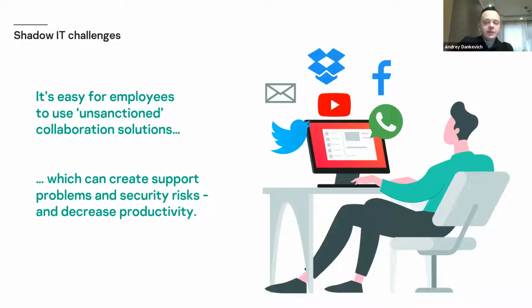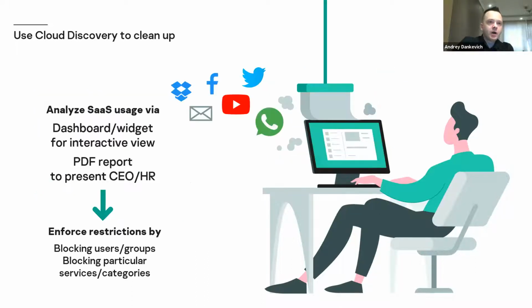But for IT, it's madness, because it brings a lot of risks of data breaches, data loss, and uncontrolled usage of malicious websites. And of course, the efficiency and productivity of employees goes down. People are wasting their time on Facebook, YouTube, and other cloud services.